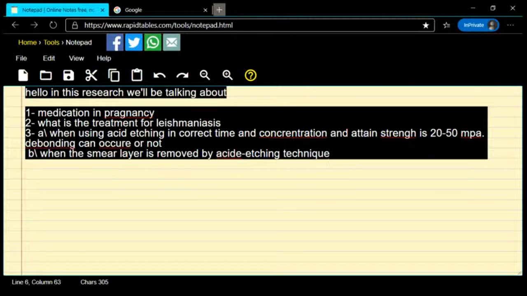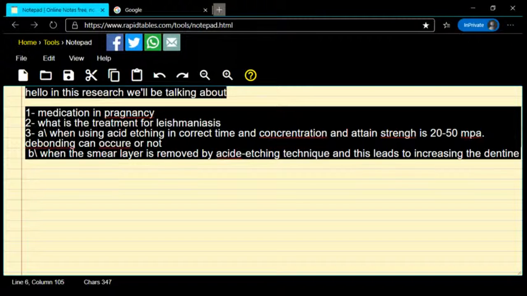And this leads to increasing dentine permeability.